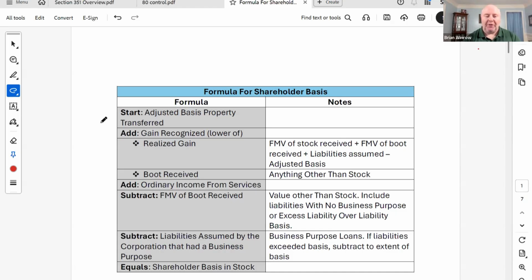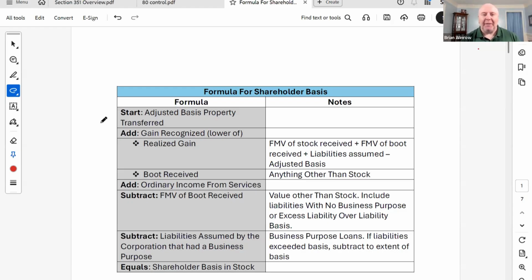What we do is we start out with the adjusted basis of the property transferred. So if you have property that has an adjusted basis of $100,000 and a fair market value of $300,000, we're starting out with the $100,000. Whatever the basis was in the property that we're transferring into the corporation. So that's our starting point. Then we're going to add the gain recognized.